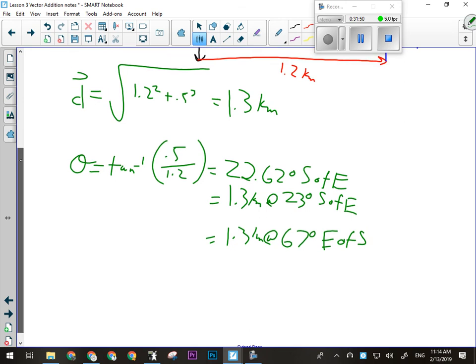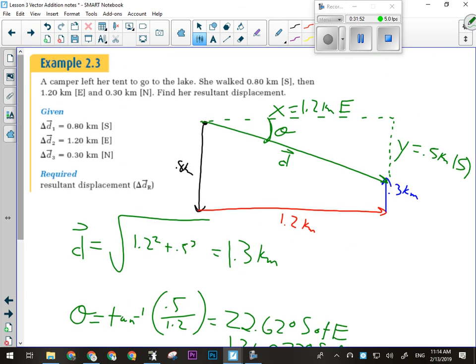And that could happen because not everybody would draw the triangle this way. Some people would draw it like this. So when they calculate this angle, this side is the opposite and this side's adjacent. It's the same direction, just from a different reference point. Everybody good with that one? No. When you do the 1.2 squared plus, yes.